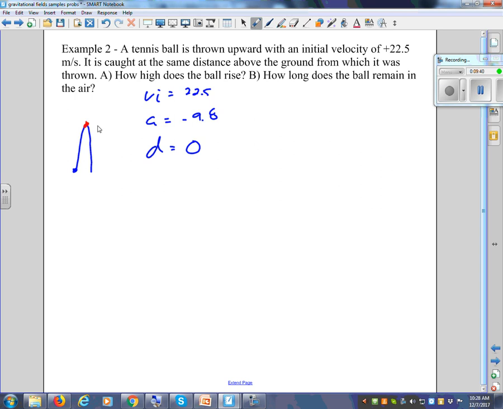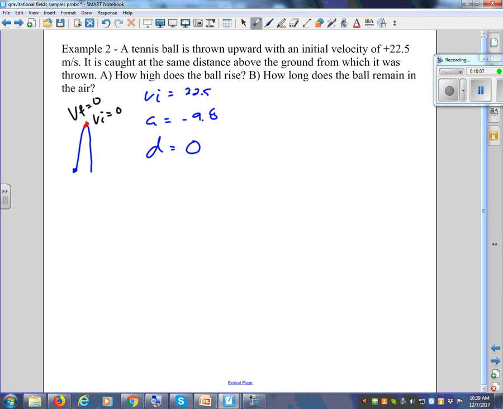What would that be? I'm going to call that the VF. It's the final velocity of the trip up, isn't it? Or I guess you could think of it as the VI is 0 on the way down. So we're going to break it into 2 parts. Okay? You guys had some good ideas there. That was good. So how high does the ball rise?